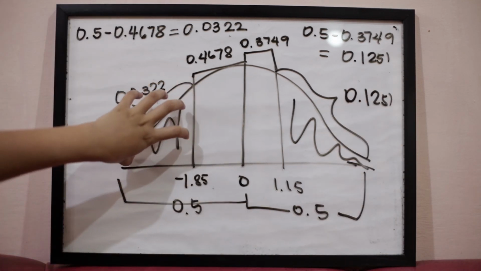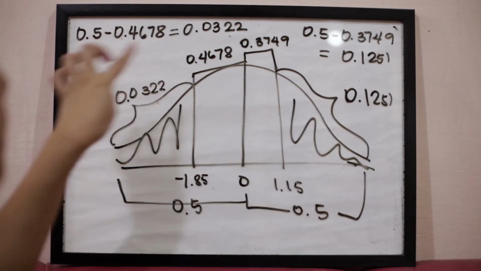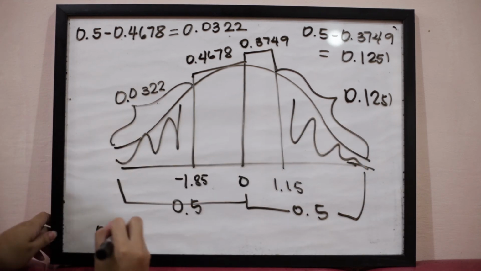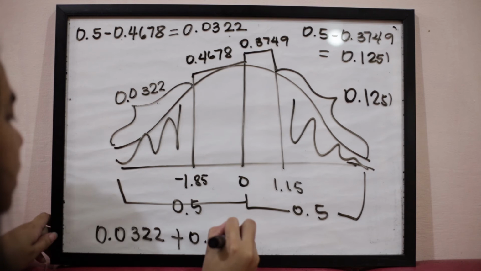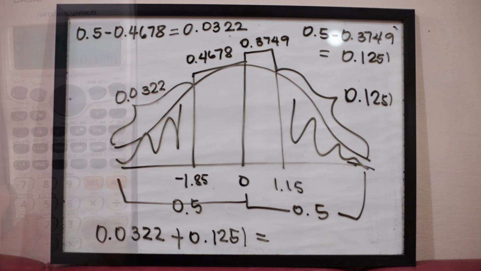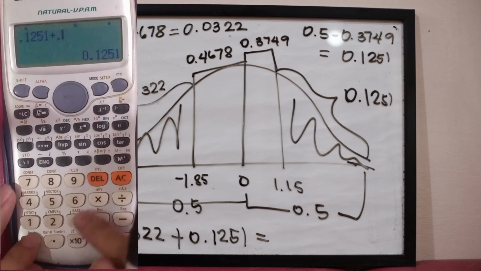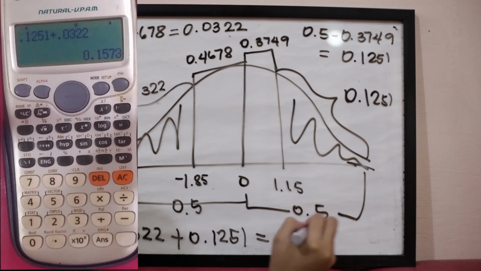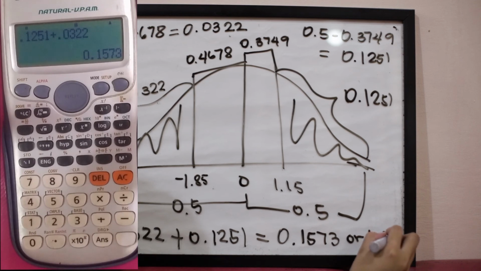Since we have gotten the shaded part for this one and also for this one, all we have to do is add the areas of those two shaded regions. 0.0322 plus 0.1251, we will still come up with the same area of the shaded region, 0.1573 or 15.73%.